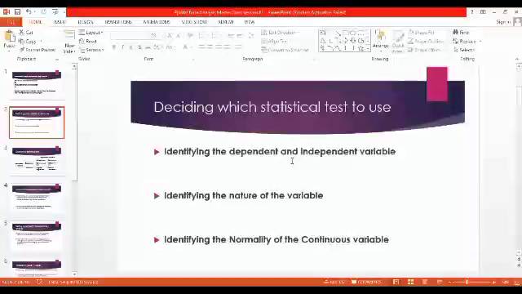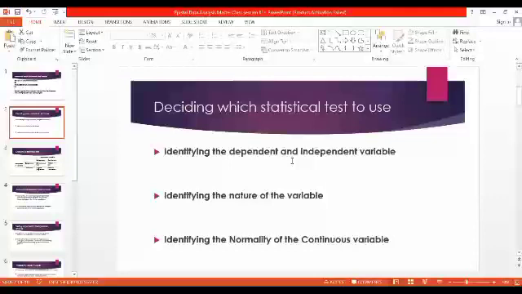After that, we will identify the nature of the variable. We will also decide which test to use after we have carried out our normality test, which we did in our previous class. For information on how to carry out normality tests using SPSS, check previous videos.